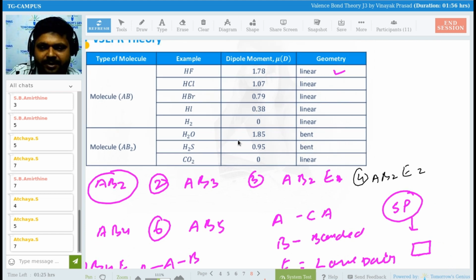See, in this case, AB2 type, right? AB2 type is there. So what can you say for this? For AB2 type, here there is H2O.